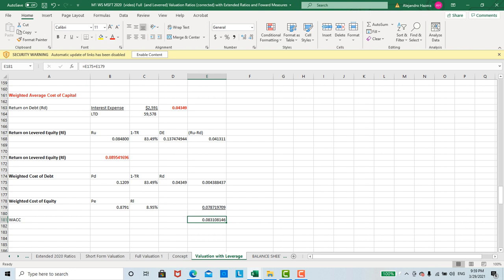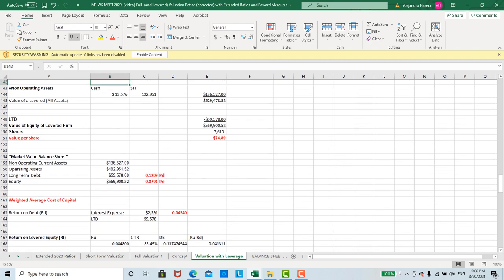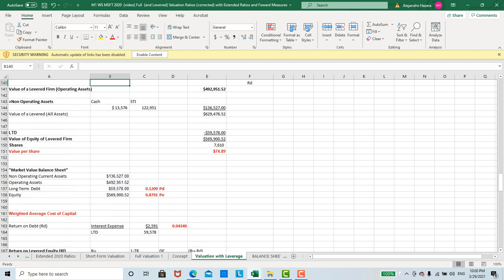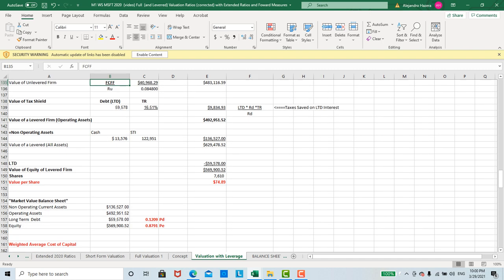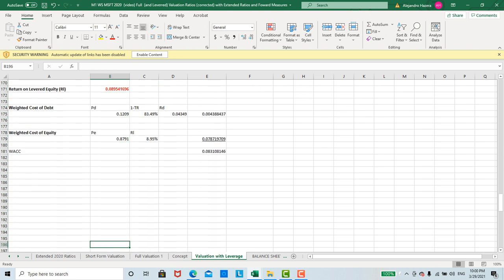So we've got about 8.3%, which is lower than the return on unlevered equity. And that's because of the small weight on debt right here, only 12%.